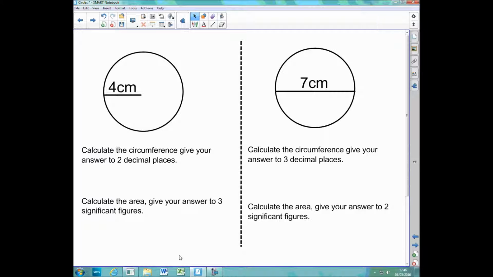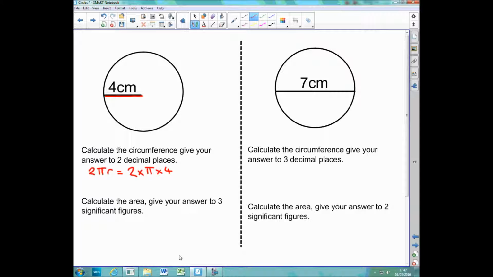We'll start with the one on the left, okay, and hopefully you can spot that what you're given here is the radius, and the radius here is 4. So the first question is asking us to calculate the circumference, giving your answer to 2 decimal places. Our formula for finding the circumference using a radius is 2 pi r. So on your calculator you're going to type 2 times pi times our radius, which is 4.